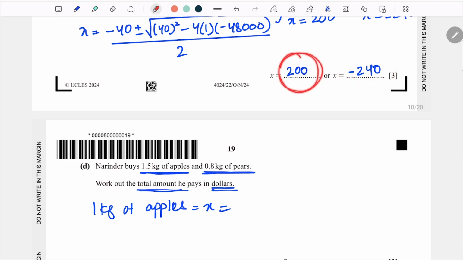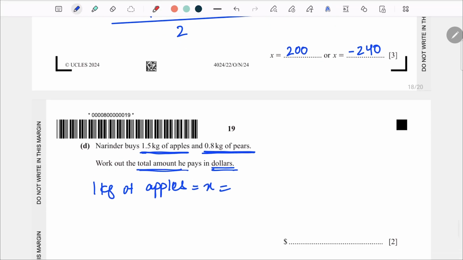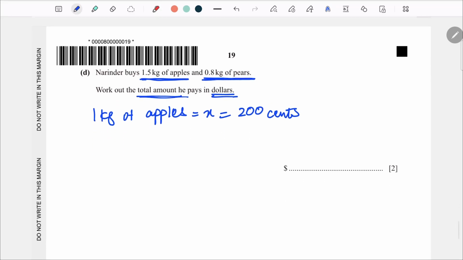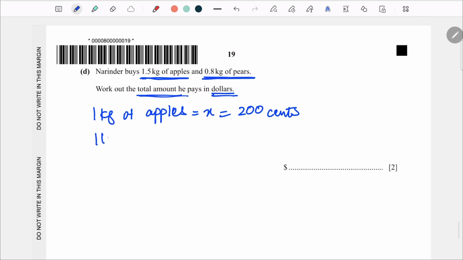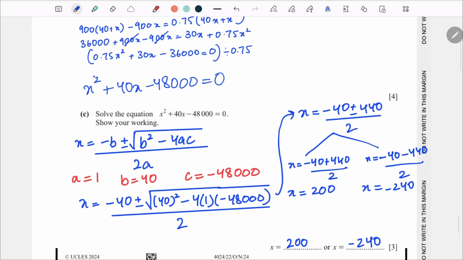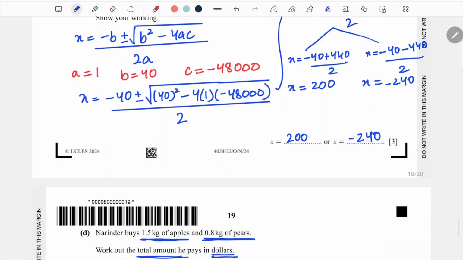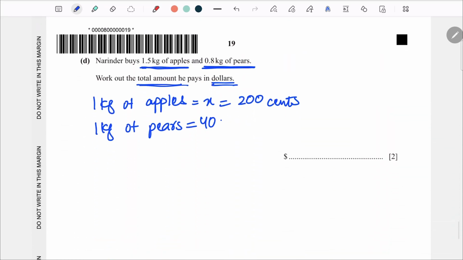We'll take the positive value, so x will be equal to 200 cents. This is the cost of 1 kg of apples. And 1 kg of pears, according to the equation that we found, costs 40 plus x. So 40 plus 200 is equal to 240 cents.